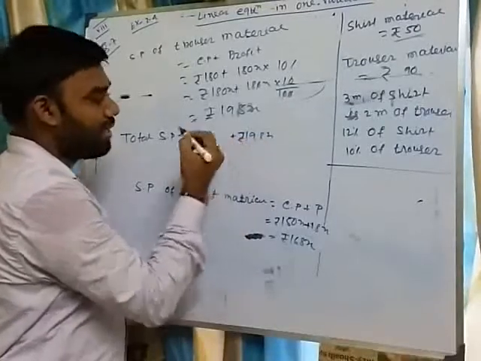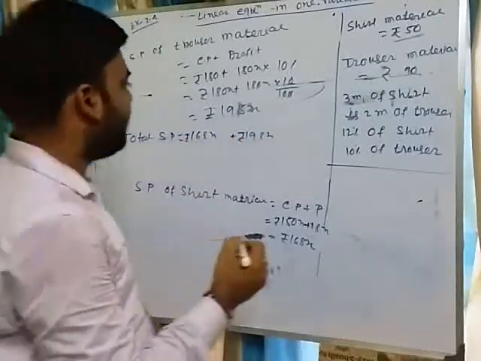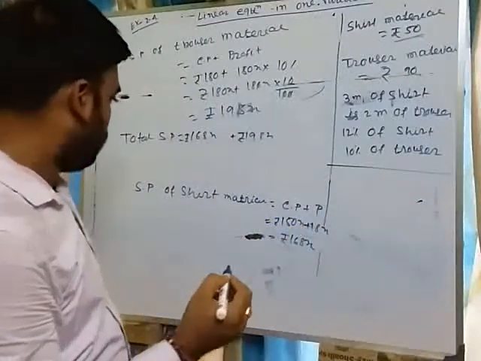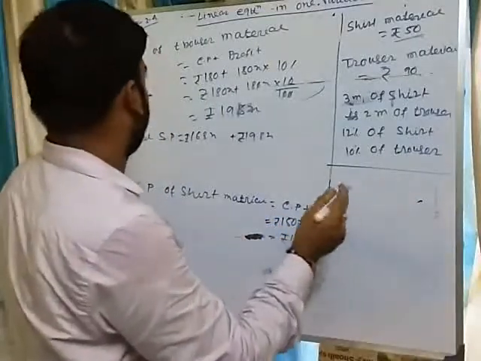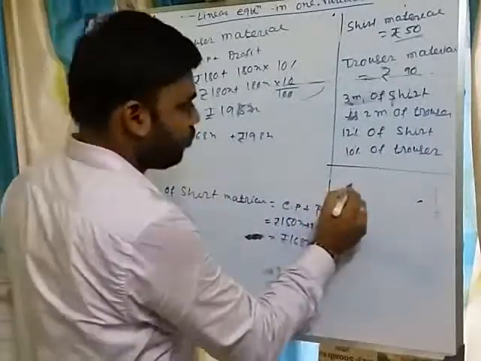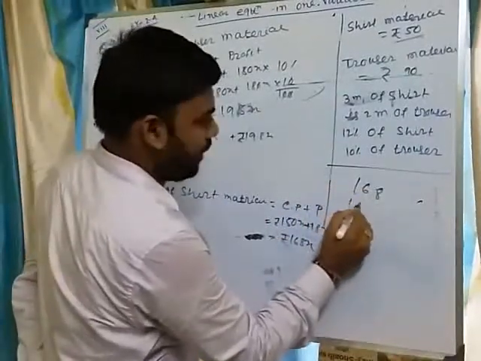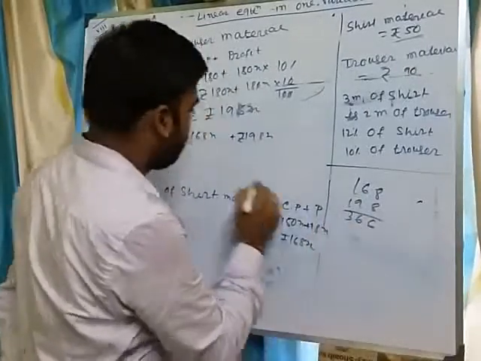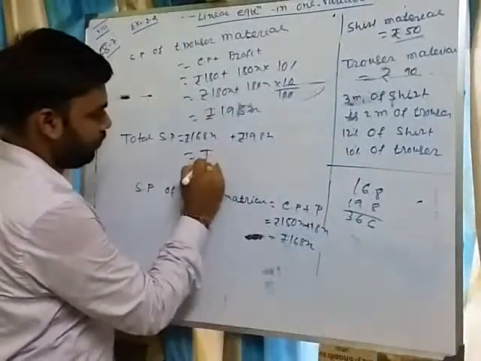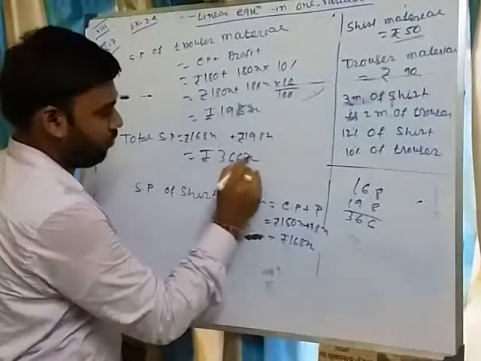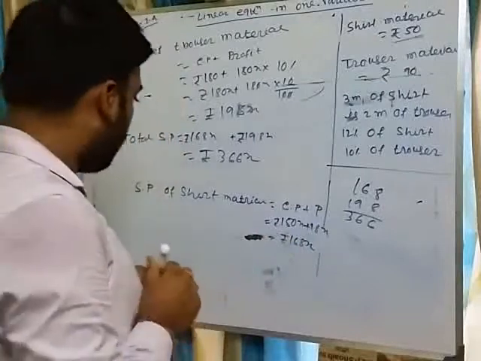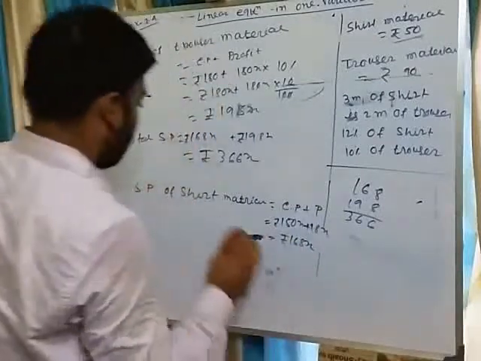Therefore 168 plus 198, 366x, that is the total selling price of shirt material and trouser material.